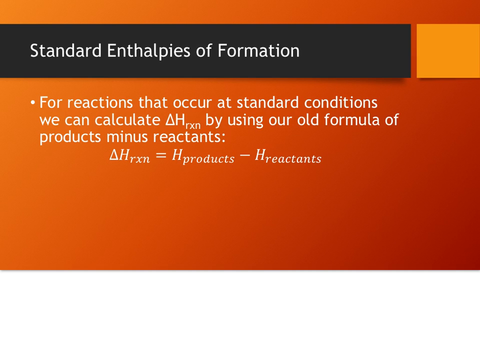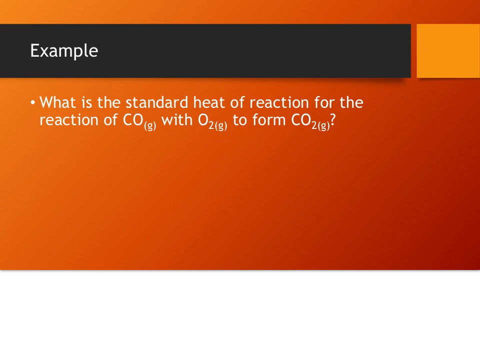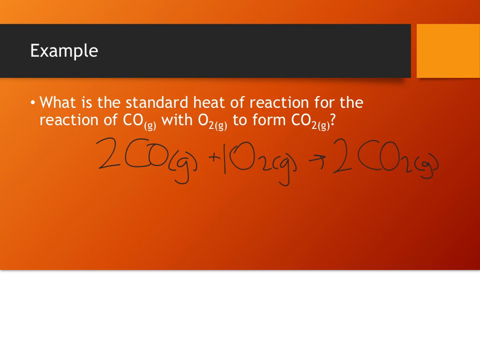That's it. So in this case, we're finding the standard heat of reaction for the reaction of CO with O2 to form CO2. Step 1, make a reaction. CO plus O2 forms CO2 as a gas, and we got to balance this. That gets us 2, 1, and 2. If they had said the standard heat of formation, like literally use that phrase, this would just be a coefficient of 1, and we'd have to balance it. They didn't really specify that. They did say standard heat.